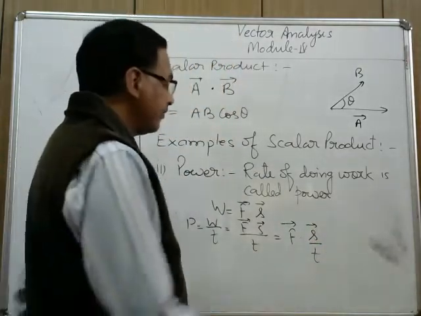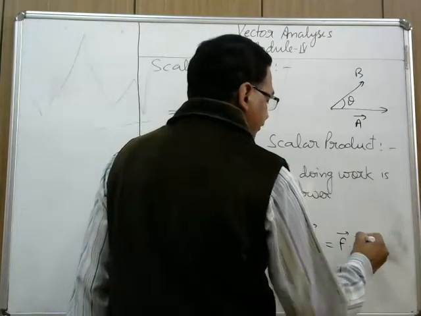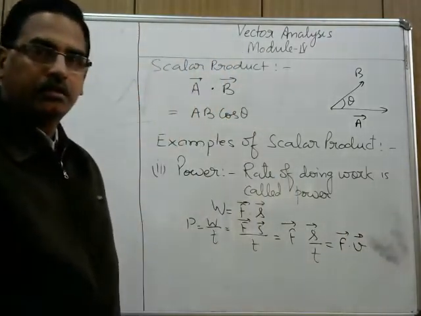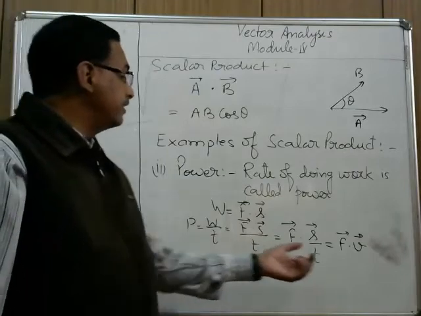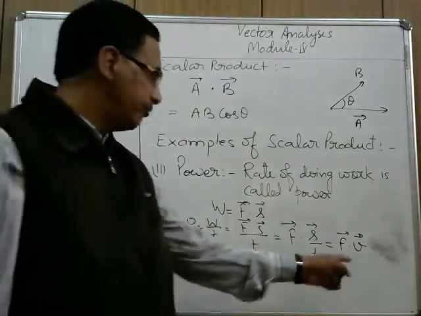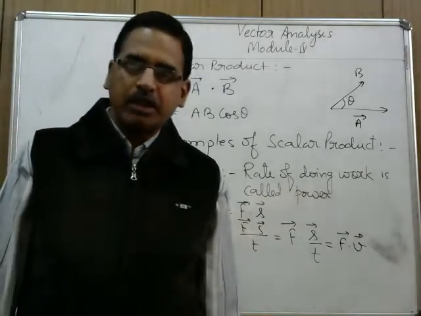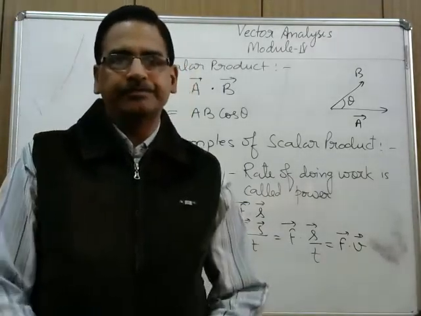Displacement per unit time or rate of displacement is called velocity. So, F dot v. Thus, power is the scalar product of force and velocity. F dot v equals power. Therefore, power is also a scalar quantity.